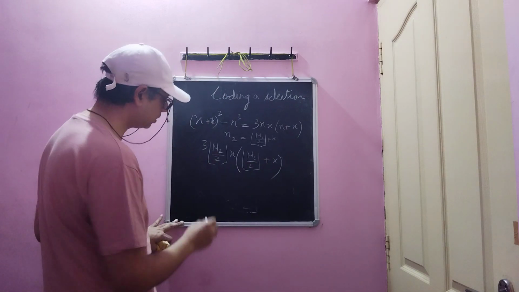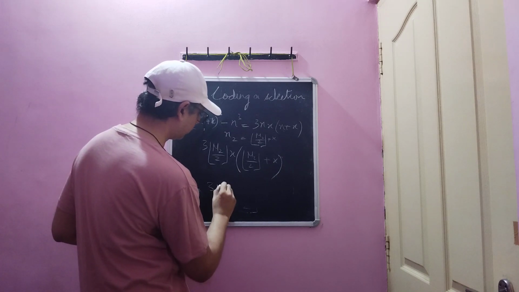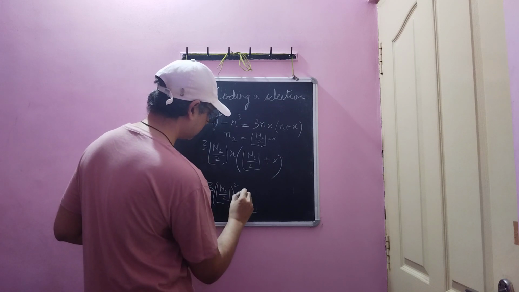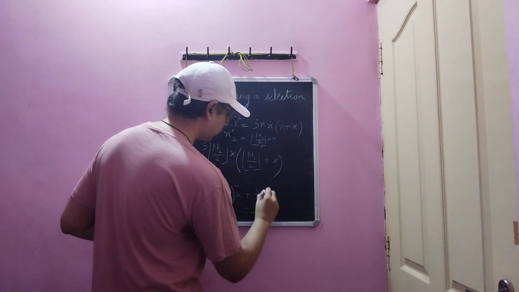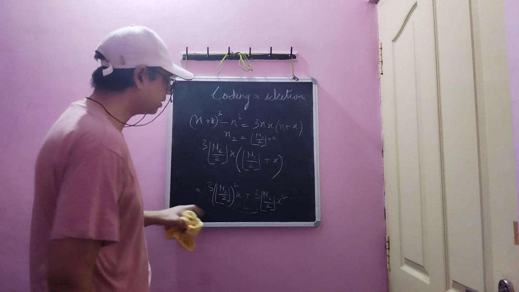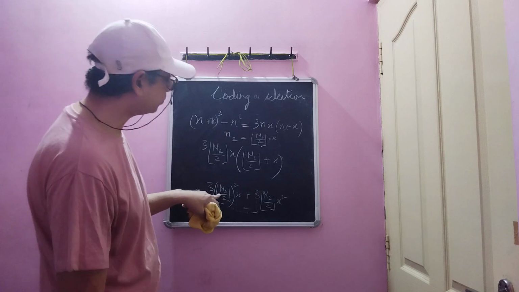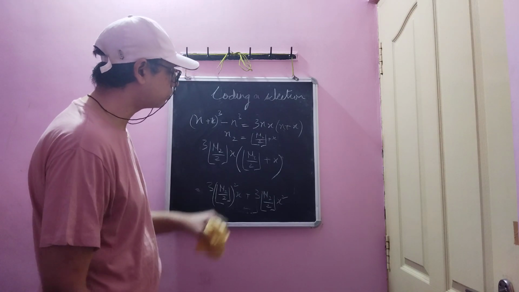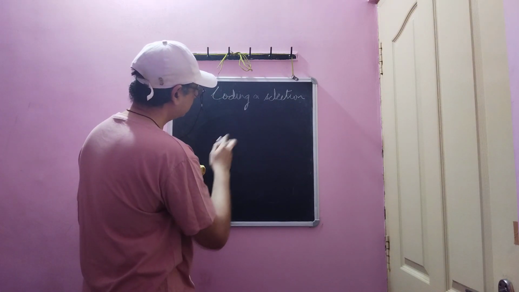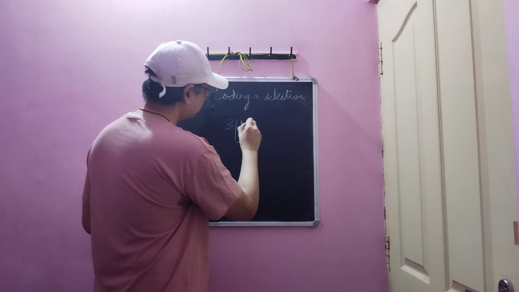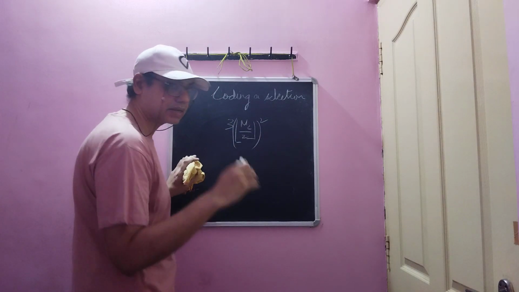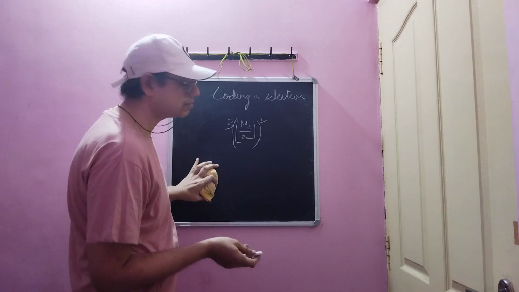In other words, 3 times floor of m2 by 2 the whole square times x plus 3 times floor of m2 by 2 times x square. Taking x equal to 1, a bare minimum of 3 times floor of m2 by 2 the whole square can be subtracted from m1 square plus m0.